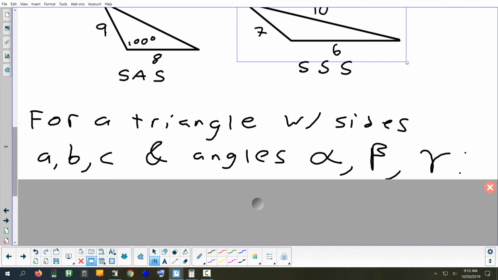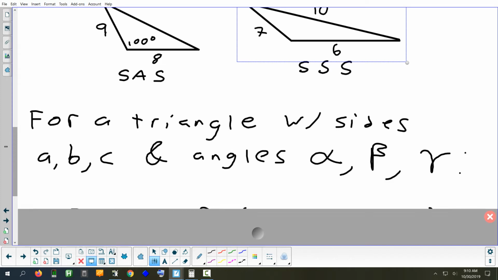Like law of sines has 3 fractions. This has 3 equations. So it's like three different equations. Once you see the first one, you're going to notice a pattern. Each equation has the same pattern. Right? So let's start with this one.